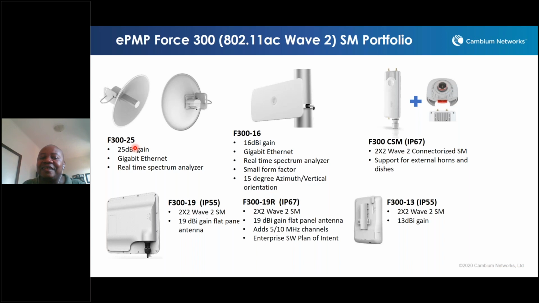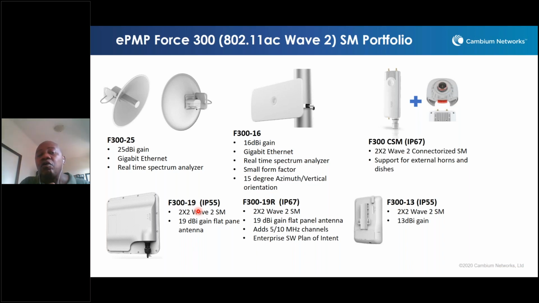Depending on the environment that you're operating in, you'd also look at the ingress protection. You've got devices for stringent environments, like the Force 300 CSM, which is IP67, or if this is a home client, IP55 will be okay. And if I'm looking for a 19 dBi antenna, the Force 319 will be great.